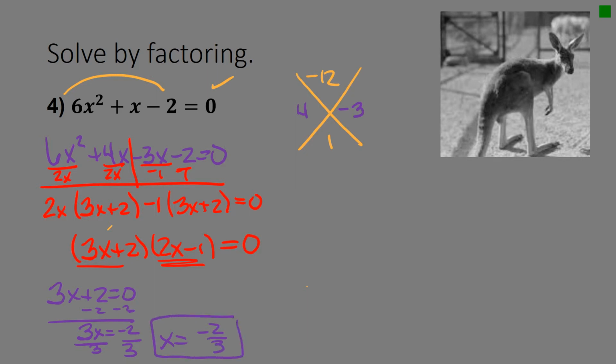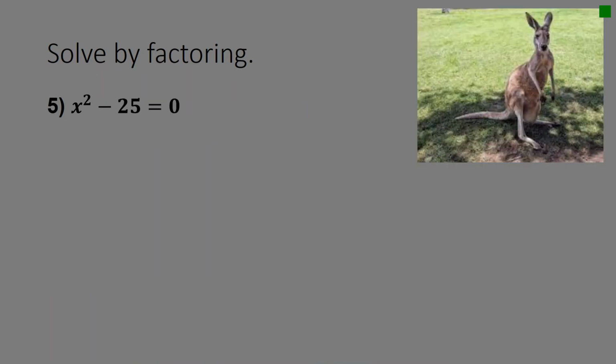Well, that's ugly, but it works. I'm also going to set 2x minus 1 equal to 0, add 1, 2x equals 1, so x equals 1/2. So you're going to get some fractions, and that's okay. Leave them as fractions. Don't divide them out, okay? Solve means get an answer for x equals. Factor means tell me the GCF times the leftovers.